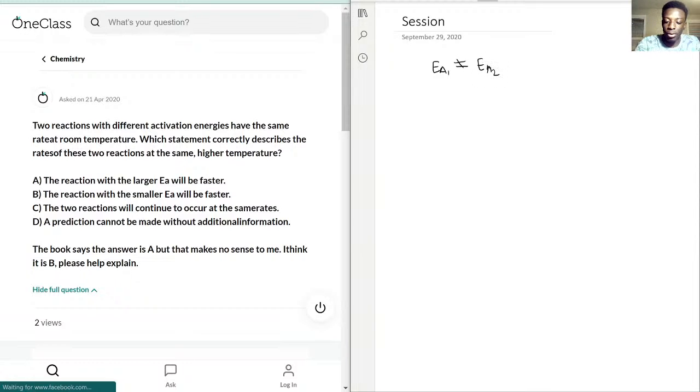We're just writing down the information we're given to be able to answer this question, but they have the same rate at room temperature, meaning that the K value, small k, K1 equals K2 at room temperature. So we have two pieces of information right now: the activation energies aren't the same, but the rate is the same at a certain temperature, which is room temperature.